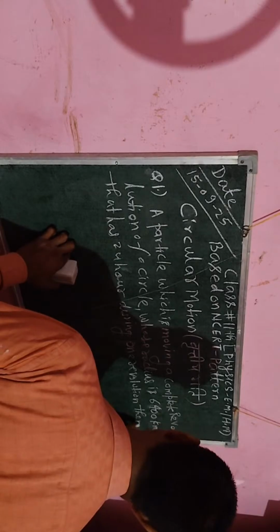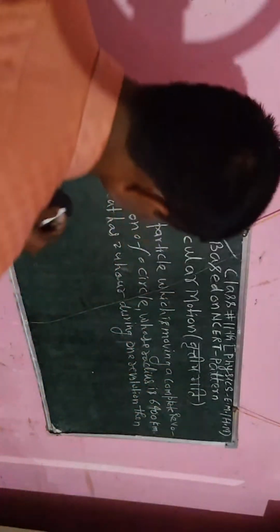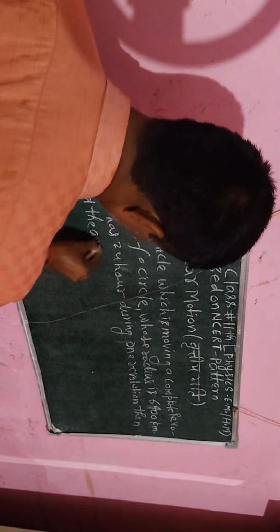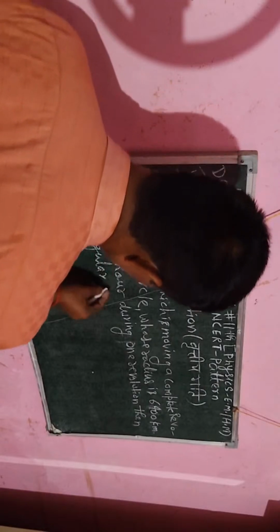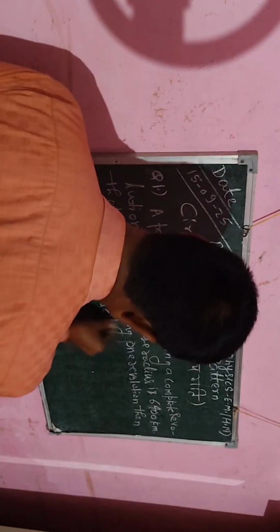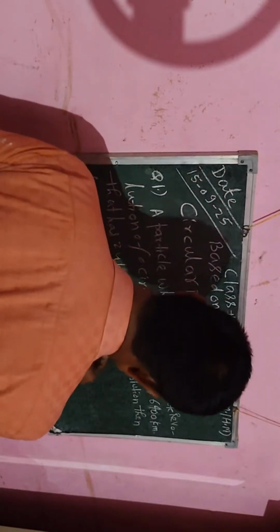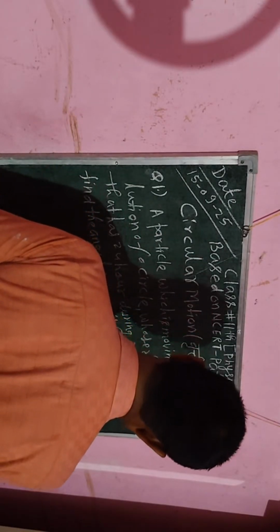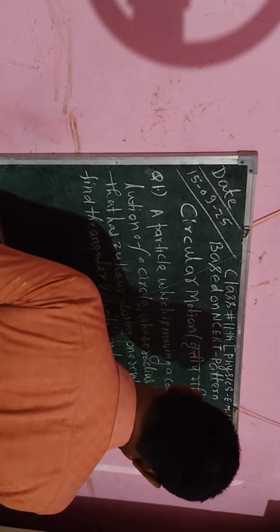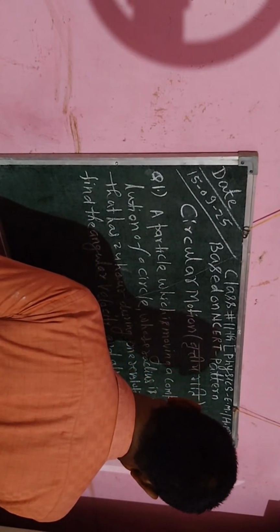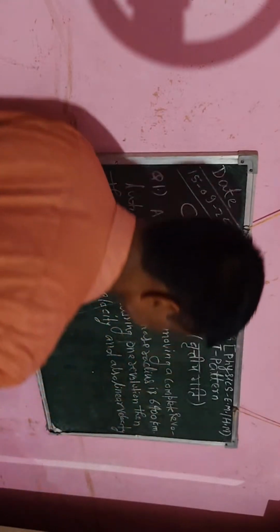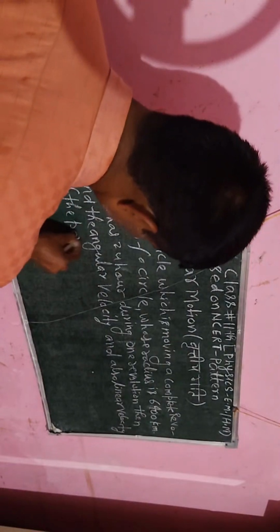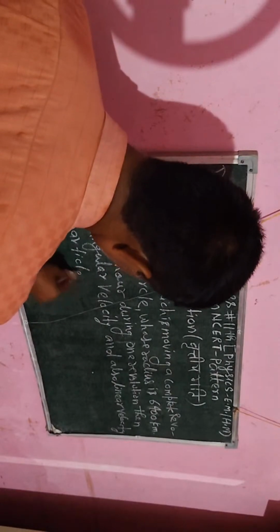Then find the angular velocity and also linear velocity of the particle. So this is my question.